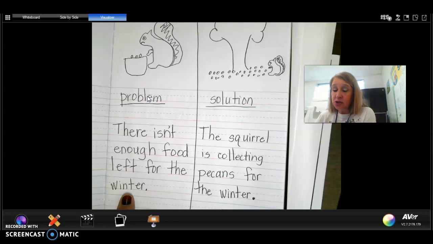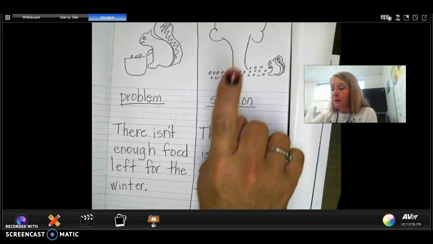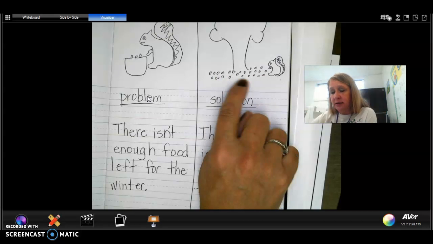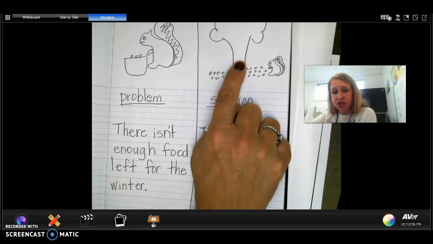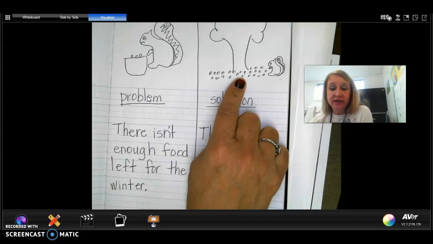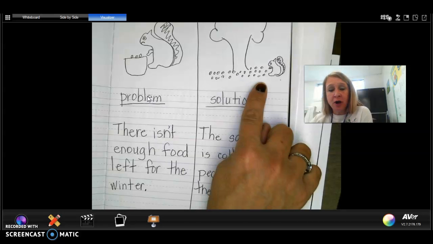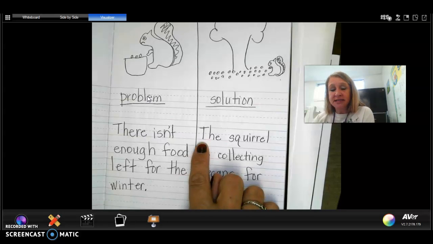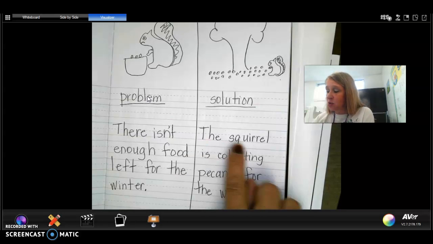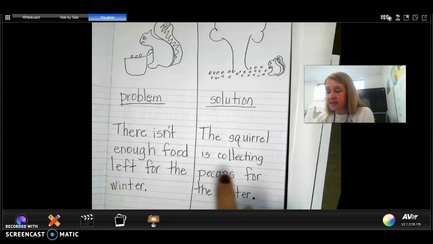Now the best solution for him would be to go and pick up all these tiny little pecans that are under his tree. He doesn't even have to leave his home to pick up these pecans and save them for the winter. So my solution sentence says the squirrel is collecting pecans for the winter.